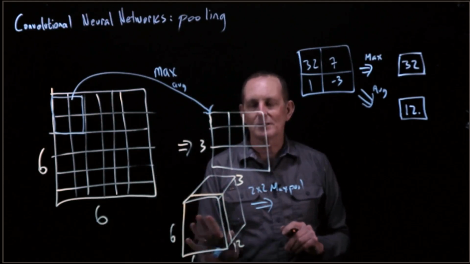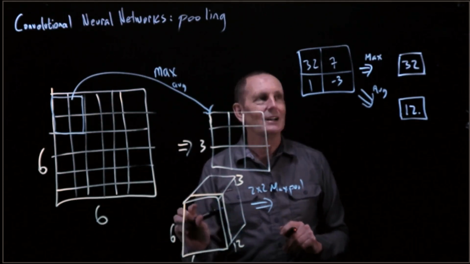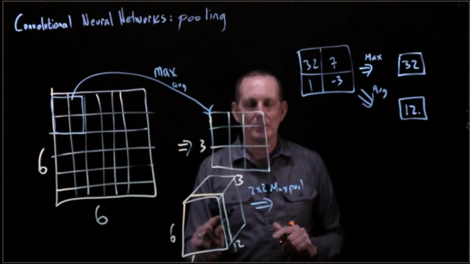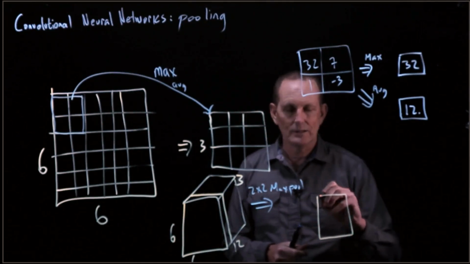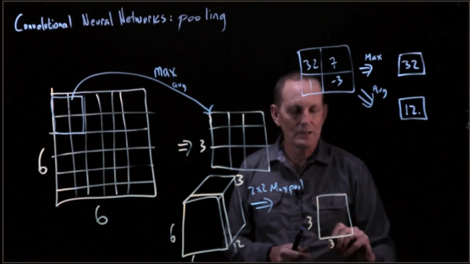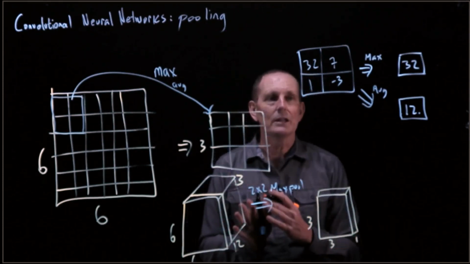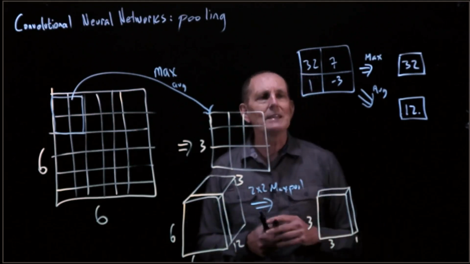So we're going to take the first 6 by 6 by 1 plane, and then we're going to go through and do a total of 9 different max pool operations. Okay, so that'll give us the first 3 by 3 by 1. Then we do the next one, and the next one, and the next one, and so on. And it kind of makes sense, right?